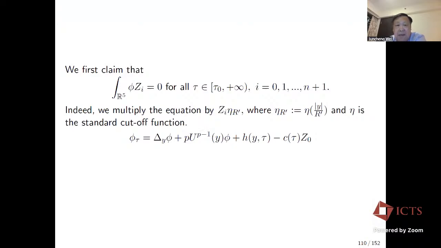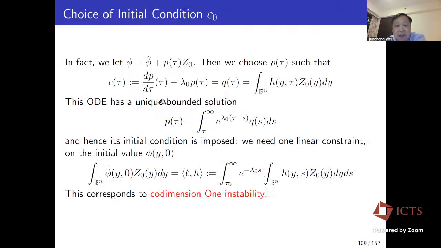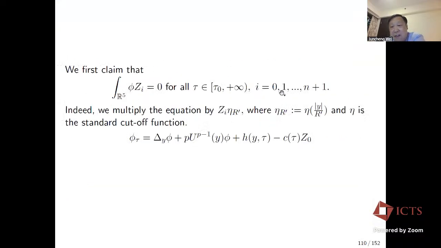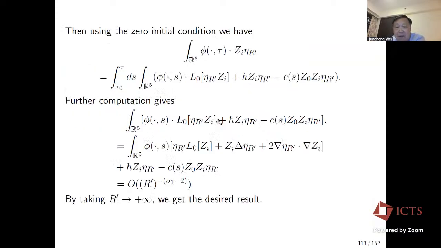Okay, so first from this equation here, we get phi is also orthogonal to all the kernels, including the first one, including the unstable eigenvalue. And you just multiply both sides by Zi and integrate and do some estimate. I will not do this.